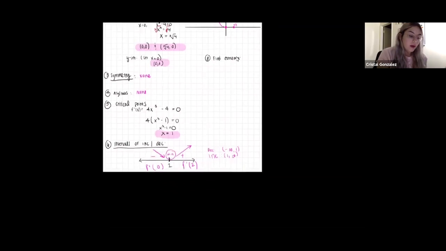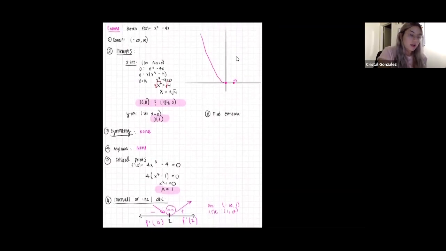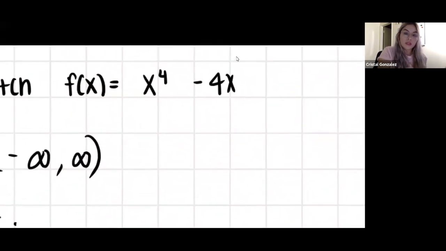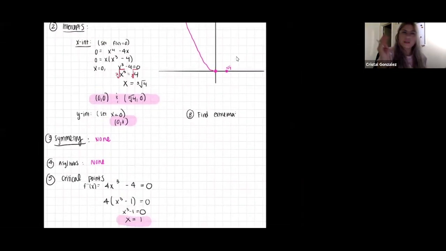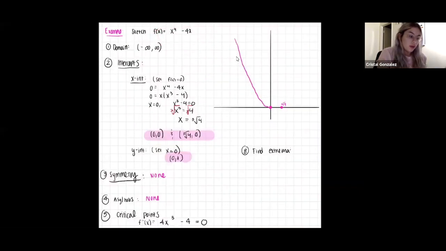Remember that our original function is up here, which is x to the fourth minus 4x. And so you would plug in 1 into this, and you'll end up with -3, because you'll be 1 minus 4. That's -3. So our local extrema happens at (1, -3).